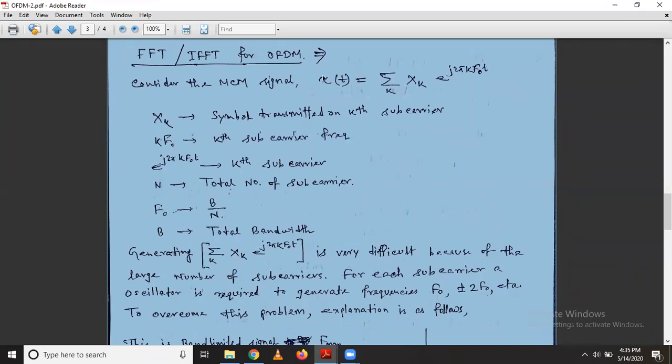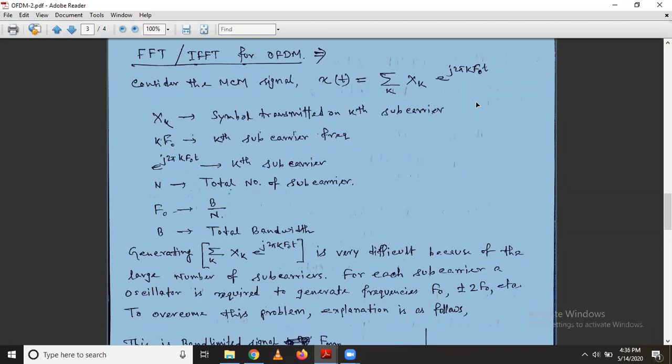Now in this expression, if you don't know FFT and IFFT, how do you generate this? Suppose the capital N value is 1000. That means a thousand carrier frequencies you have to generate using some circuit. For frequency generation we know some oscillator has to be used, so a thousand oscillators.